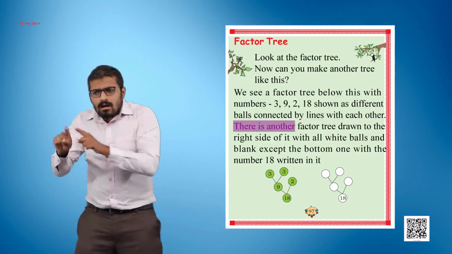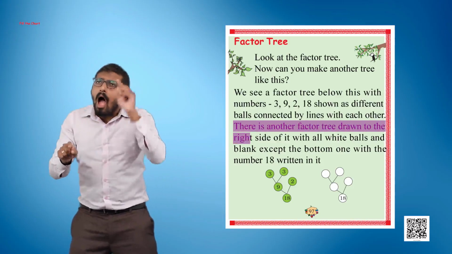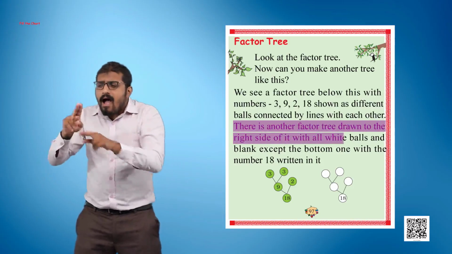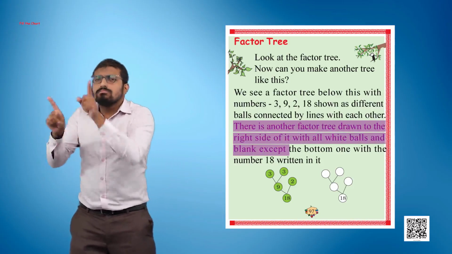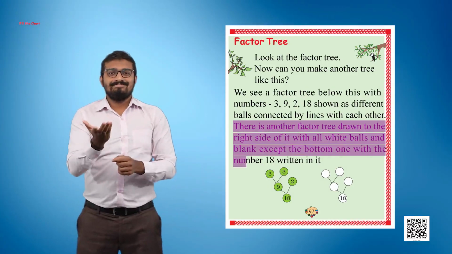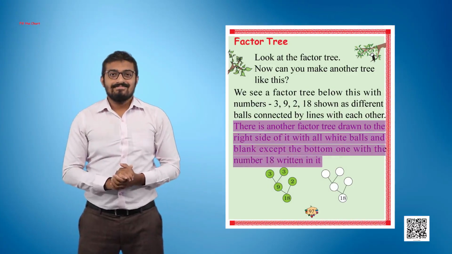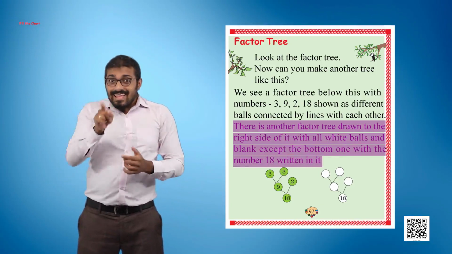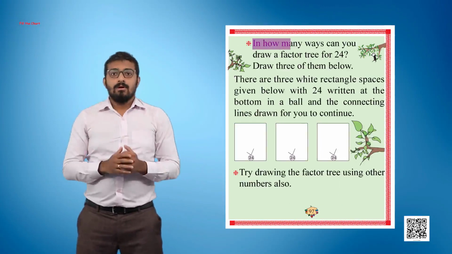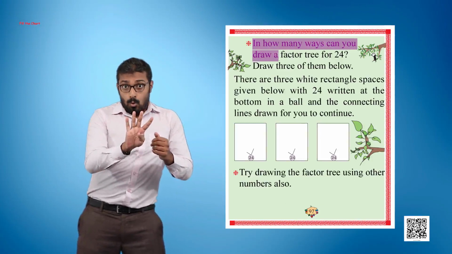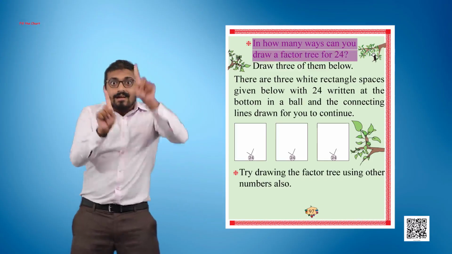There is another factor tree drawn to the right side of it with all white balls and blank except the bottom one with the number 18 written in it. In how many ways can you draw a factor tree for 24?